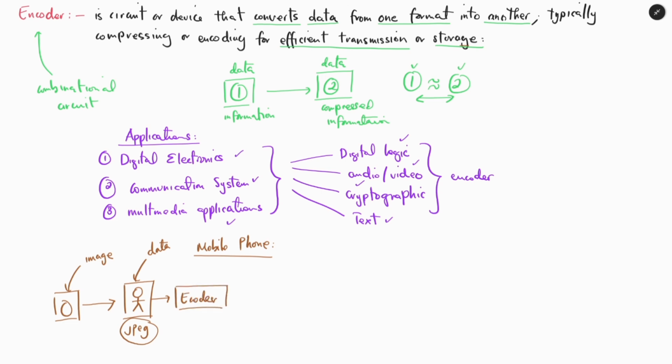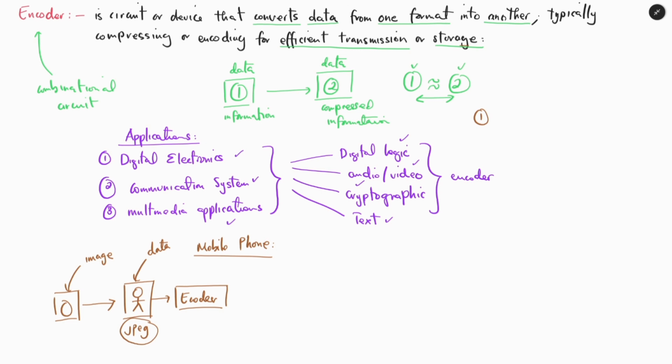So the encoder, we know from our definition, converts data from one format to another for efficient transmission and storage, and this information must pass through a microcontroller, and this microcontroller is already a computer on its own.